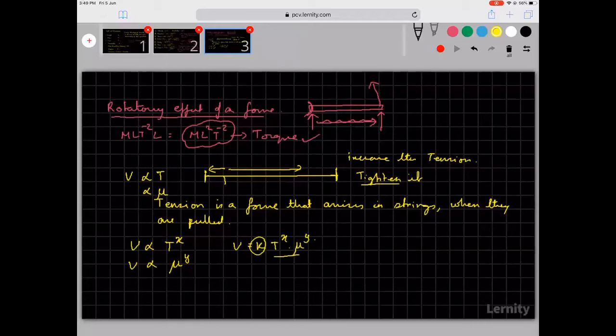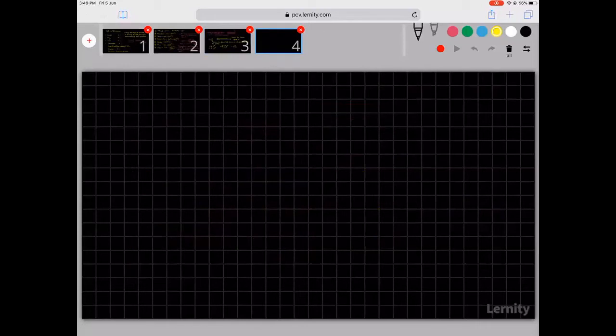When I looked at this T power x into mu power y, I found out that velocity is equal to some constant into root over of T by mu. How did I calculate this? Whenever I have any equation, velocity is equal to T power x into mu power y.